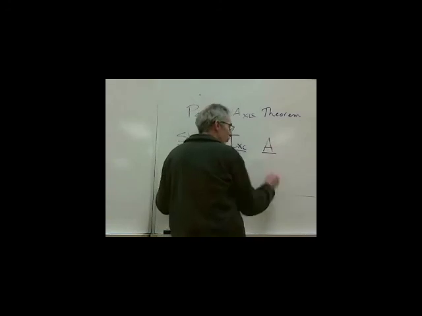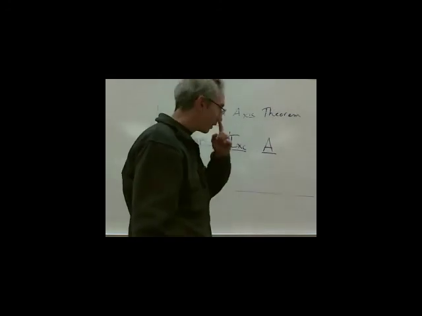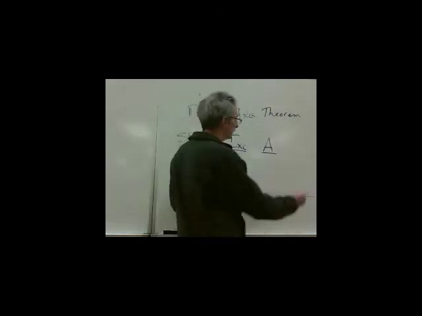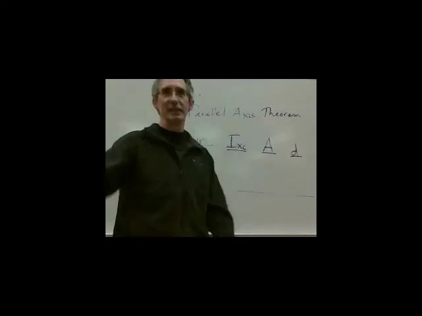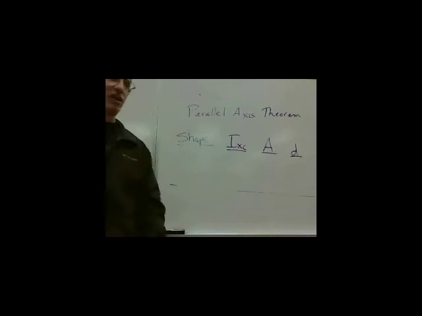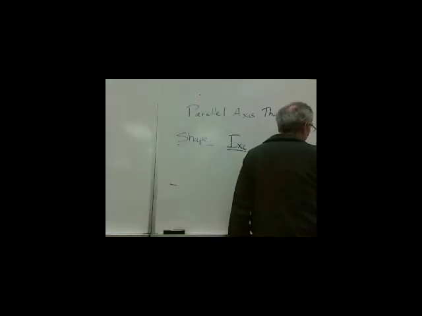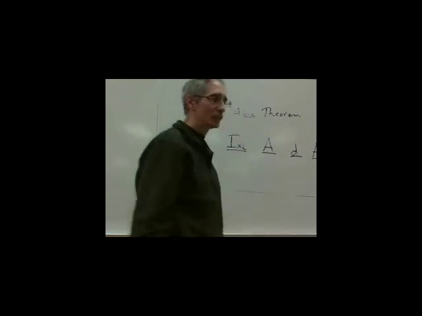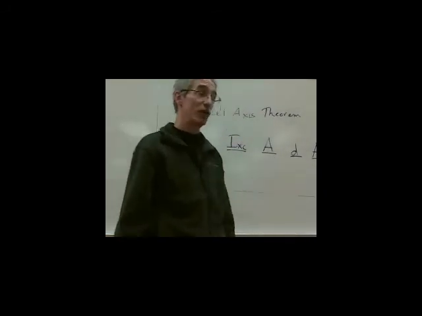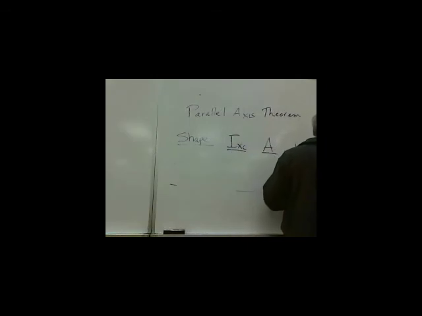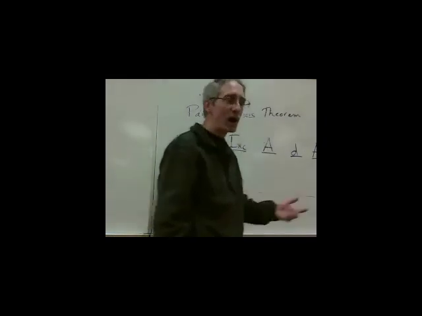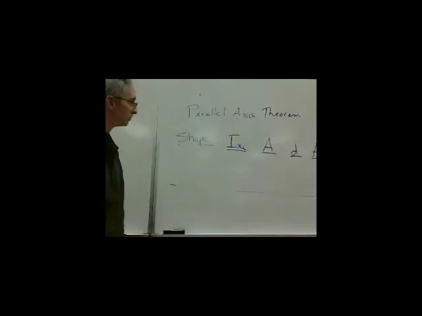We're going to have another column marked A, that's area. Another column called D. D is the distance we just got done talking about. We're going to have a column called AD squared, which again was that term that came out of the parallel axis theorem. And then I'm going to have an IX total or IY total column.